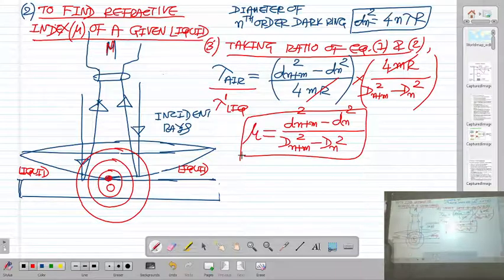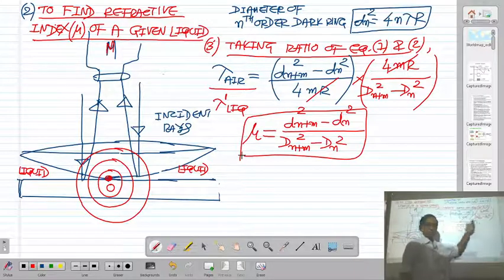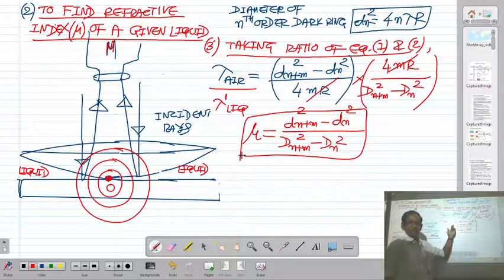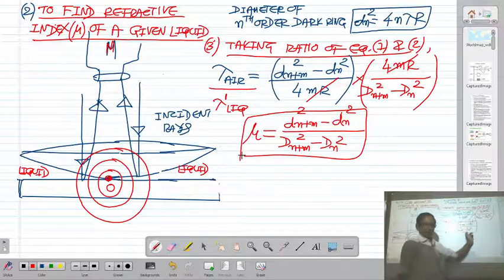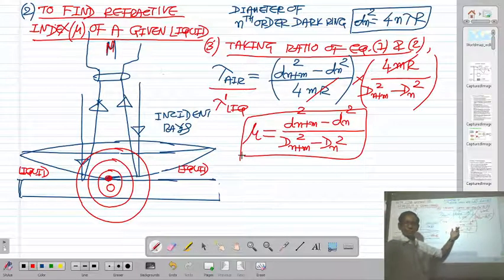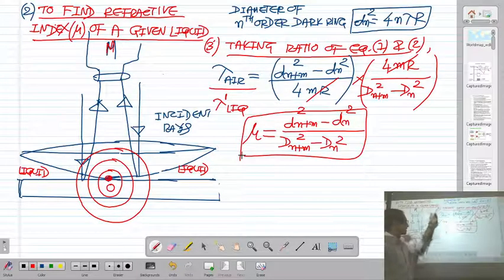So using this equation, mu is equal to small dn plus m square minus dn square upon capital Dn plus m square minus dn square, you can find the refractive index of the liquid which is introduced between lens and plate.